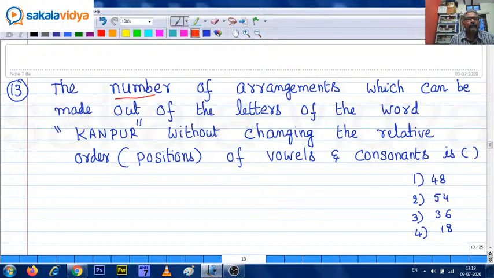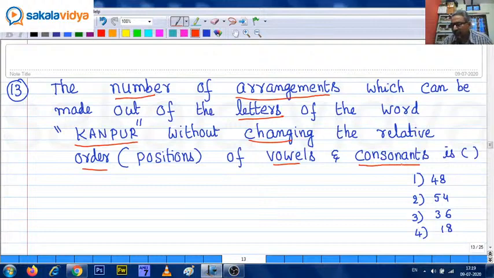The number of arrangements which can be made out of the letters of the word Kanpur without changing the relative order of vowels and consonants. That means vowels must be arranged in the vowels' places, and consonants in their respective positions. First, write down the number of letters.